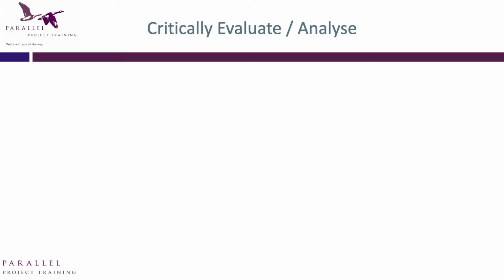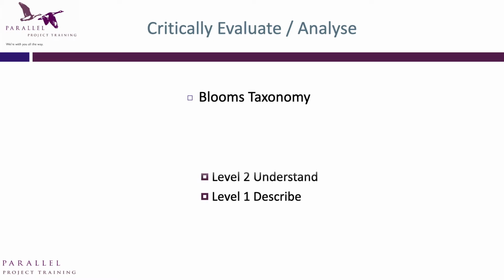For those of the academics amongst you, you'll recognise a thing called Bloom's taxonomy. Level 1 is describe, level 2 is understand. Level 3 and level 4 is what chartered is looking at. Now, if any of you have got a degree, you'll know that you will have had to have done compare and contrast. You'll have had to look at one theory and another theory, compare the two, and work out which one's best.